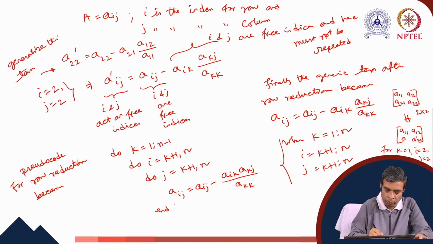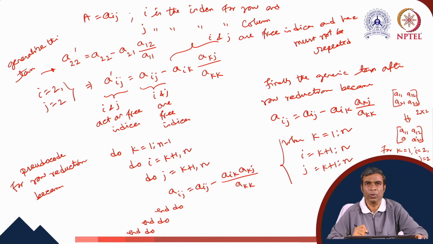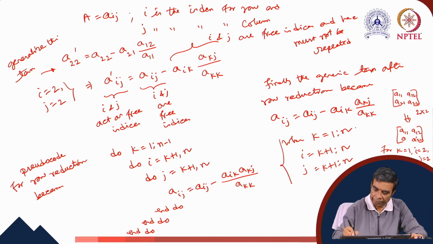End do, end do, end do. So in the row reduction step, we see that there is a division by Akk, which is a diagonal term, and division by 0 is not permitted, and because of that no 0 should be present in the diagonal term. Here certainly the range is 1 to n minus 1 for k.